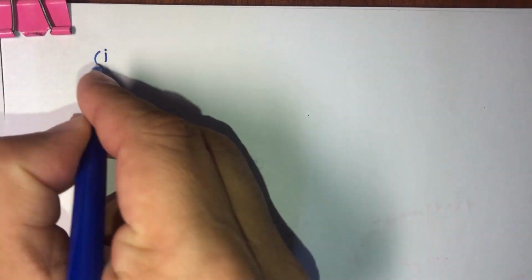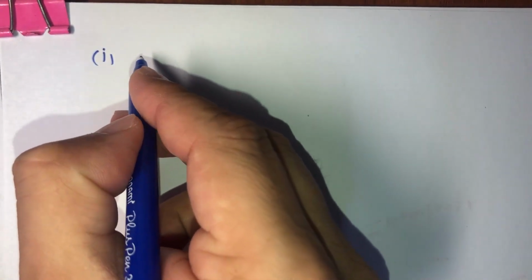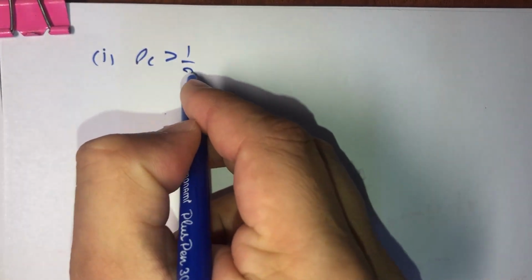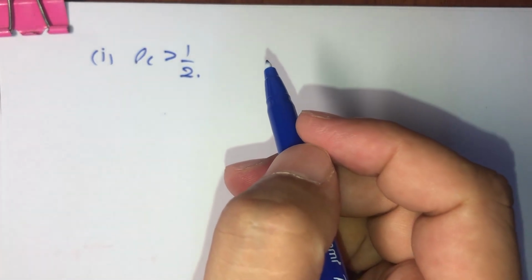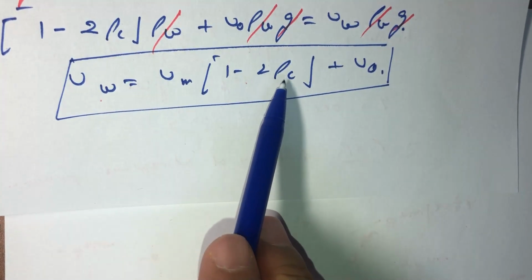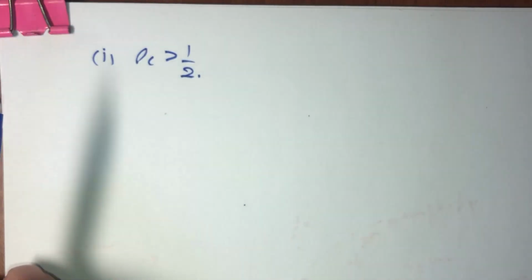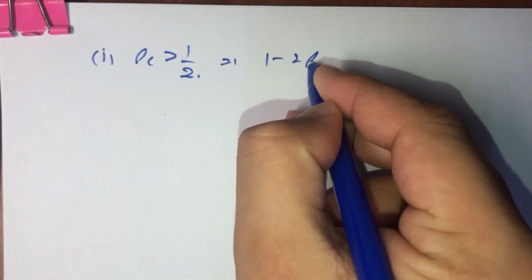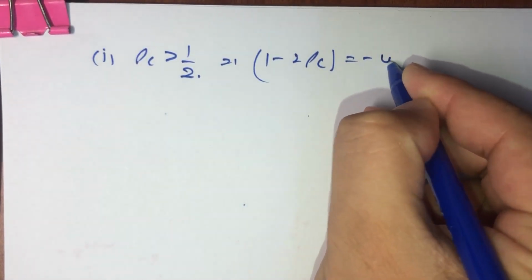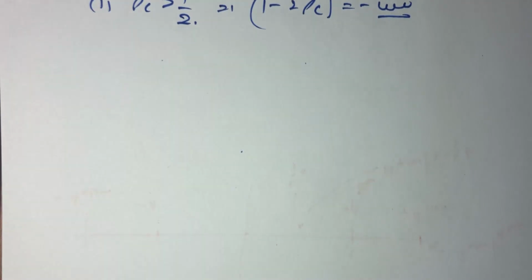Therefore, we are given, in the first case, let us take that our rho C is greater than 1 by 2. If rho c is greater than 1 by 2, obviously 1 minus 2 rho c will be coming as negative.